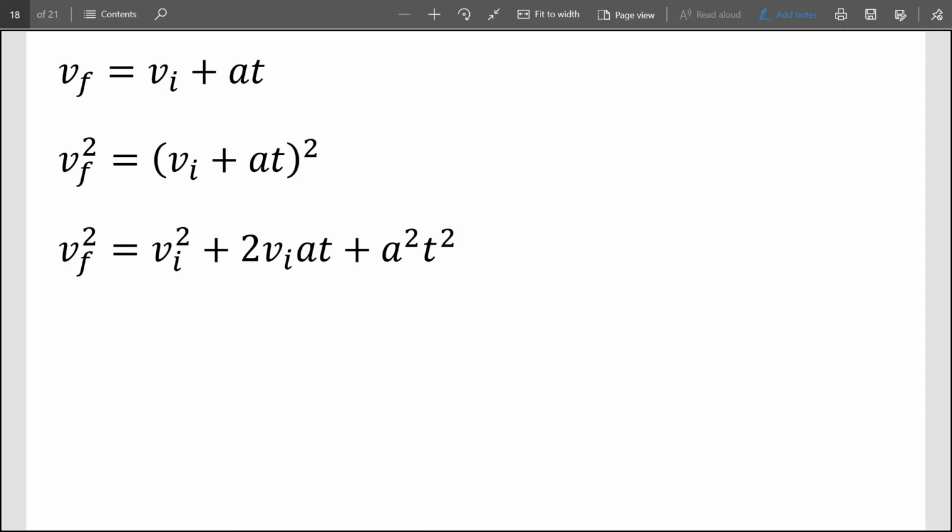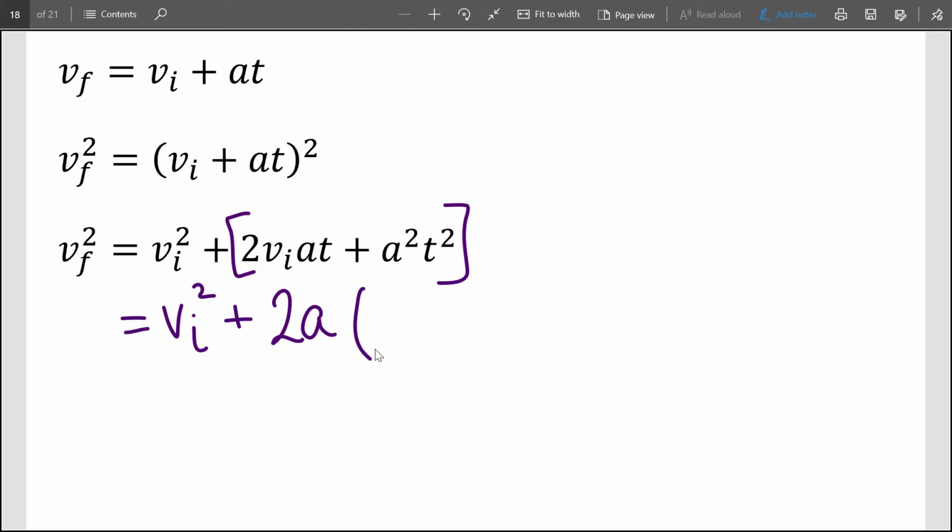So what I'm going to do here is factor out on the right hand side a 2 and an A out of these two terms. I factor out this 2, so I'm left with a VI and a T. So this first term is 2A times VIT. You can kind of see that there.